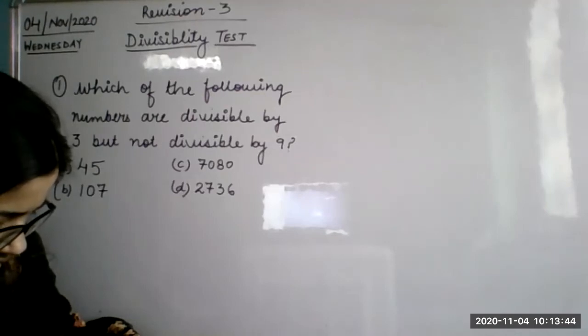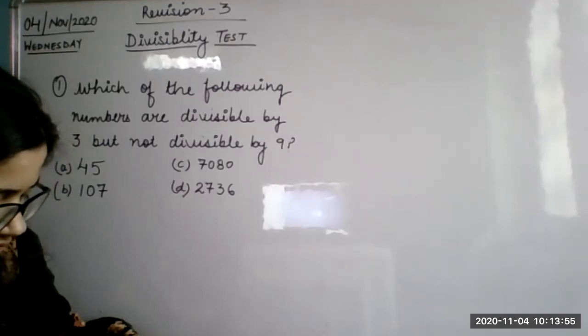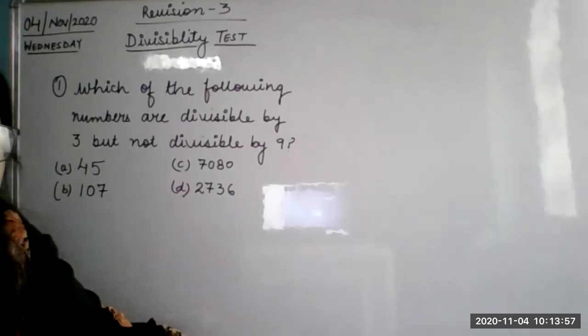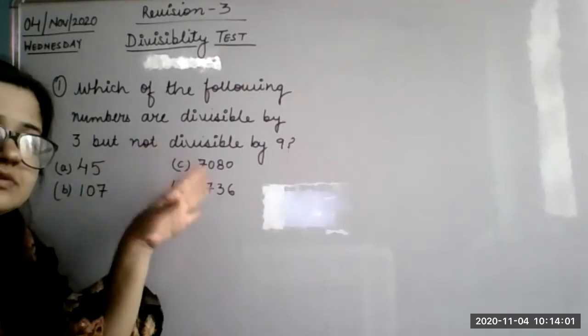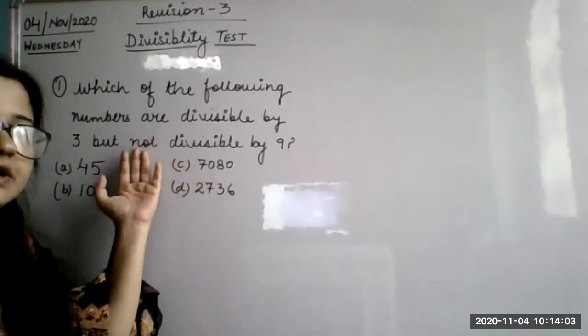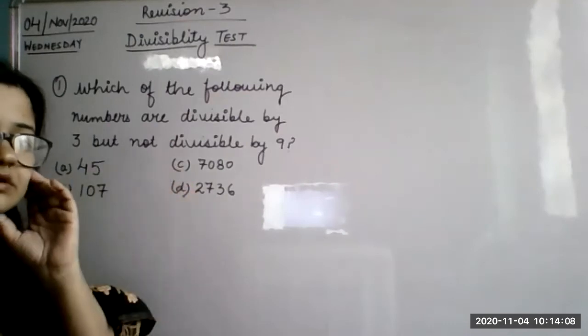Ma'am, written. Do it. You have to tell which of the numbers are divisible by 3 but they are not divisible by 9.